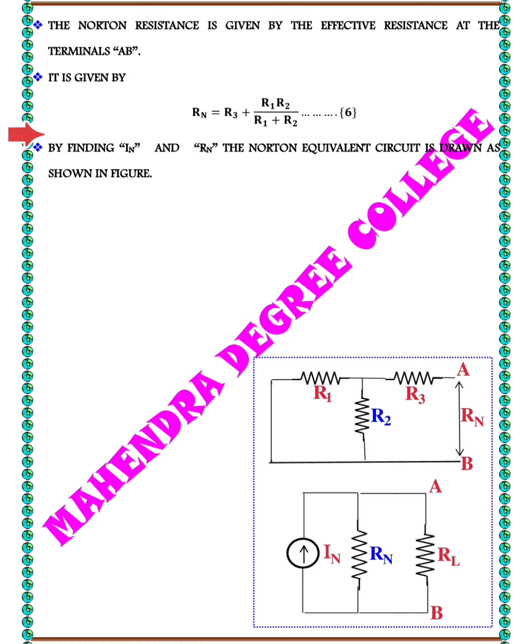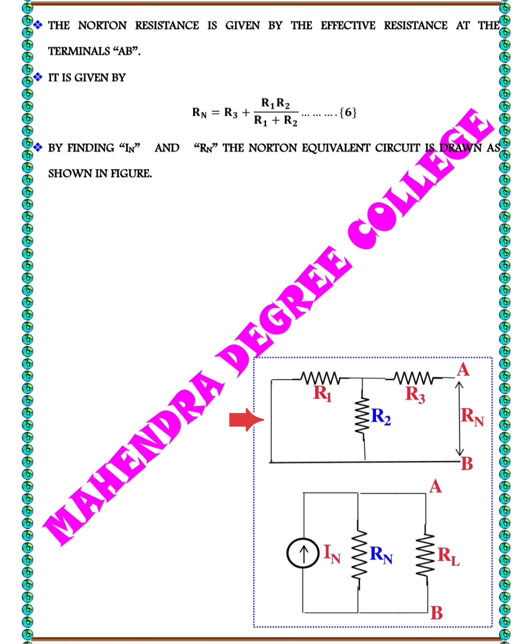The Norton's equivalent circuits are shown in the figures. The first image depicts the circuit with the load resistance removed across AB.